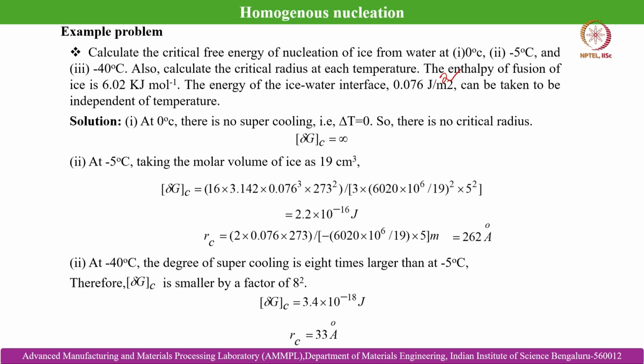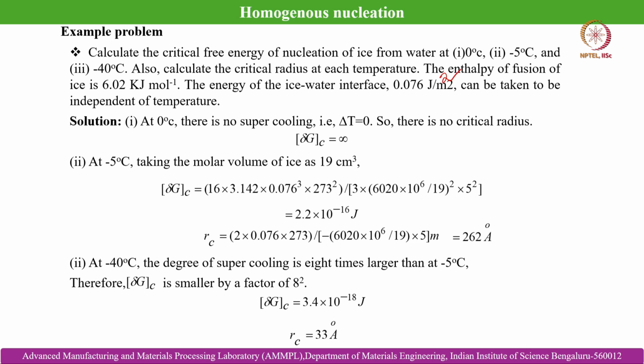At 0 degree centigrade there is no supercooling, that means delta T is 0. So, there is no critical radius, because without undercooling, as we have just learned, it is very difficult and impossible to form tiny nuclei, because the free energy change will be infinity. So, the 0 degree centigrade case is ruled out.